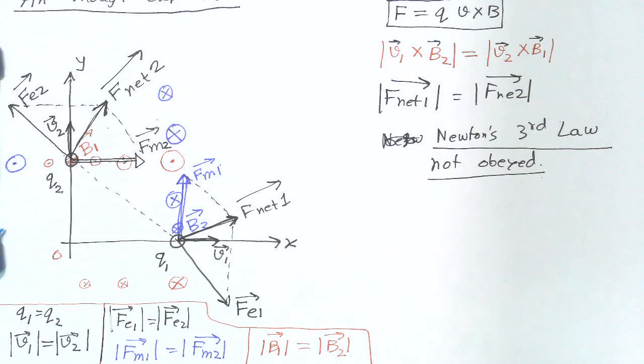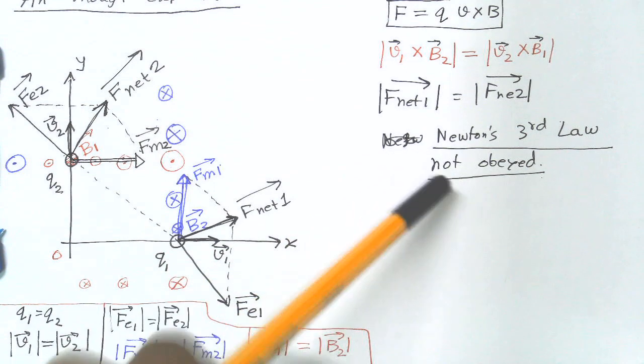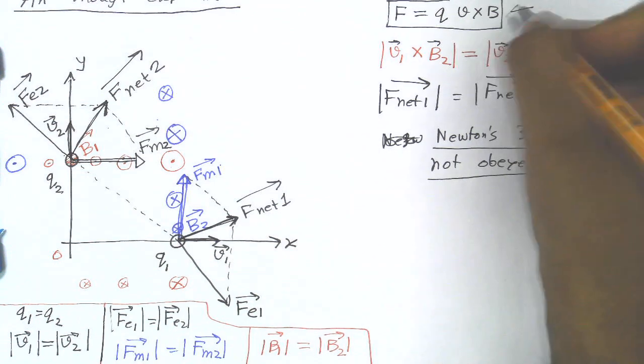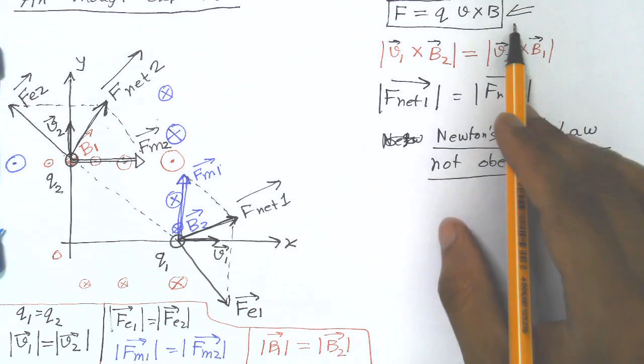How is that possible? Did I make any mistake in my calculation? Maybe, most likely, I guess. Otherwise there is something definitely wrong in the physics that I have learned so far, because then either Newton's third law is not obeyed, or maybe the Lorentz force formula is wrong.